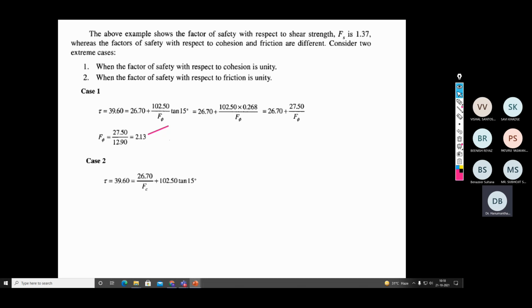When we calculate using the ultimate values, tau comes out to be 54.16. Then you need to calculate against the mobilized one. Is this mobilized or ultimate? Oh, sorry, this is the mobilized one. Okay, fine, mobilized.